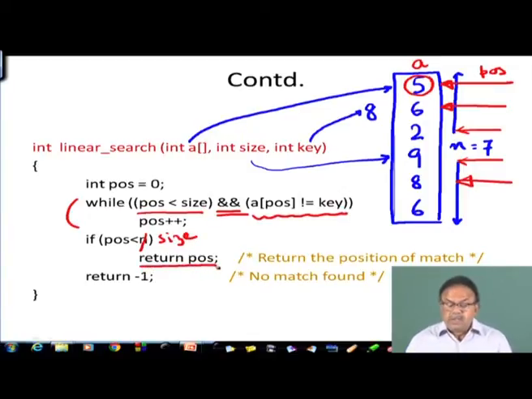So, pos is returned. Otherwise, if this is not true, then I will return minus 1. Minus 1 if it is returned, that means that I have not found the key. Okay. So, this is the look of the linear search function, very simple.